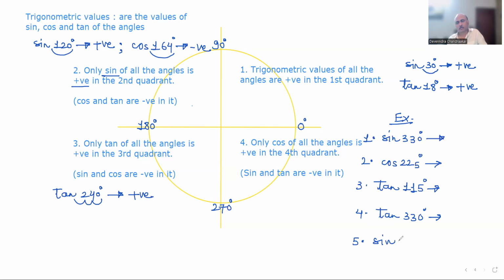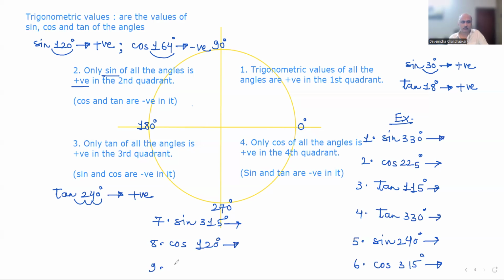Fifth, sine 240 degrees. Sixth, cos 315 degrees. Seventh is sine 315 degrees. Eighth is cos 120 degrees.